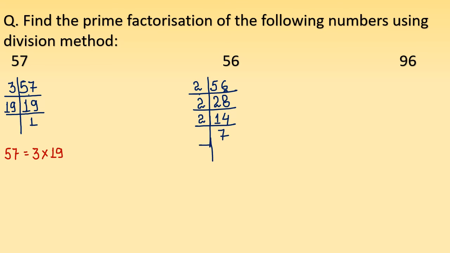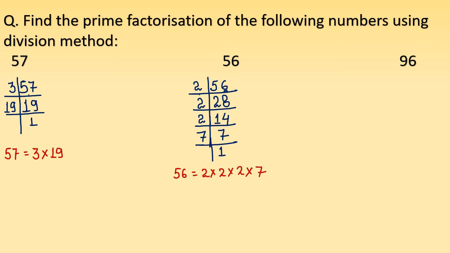Now we got here 7. 7 is a prime number. So we can divide 7 by 7 itself. 7 ones are 7. So 56 is equal to 2 into 2 into 2 into 7.